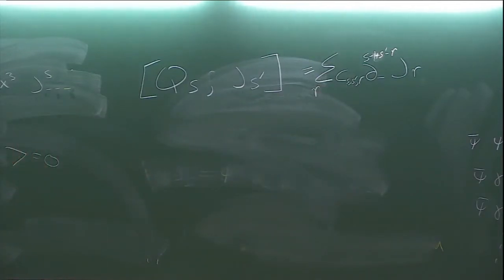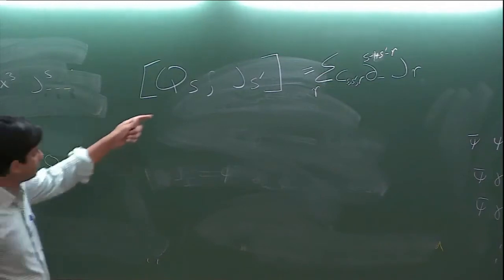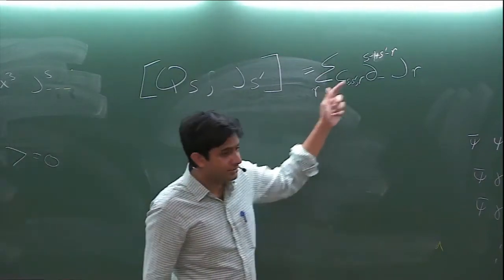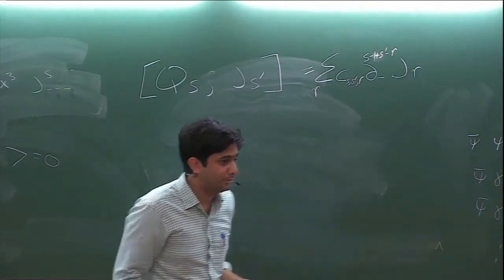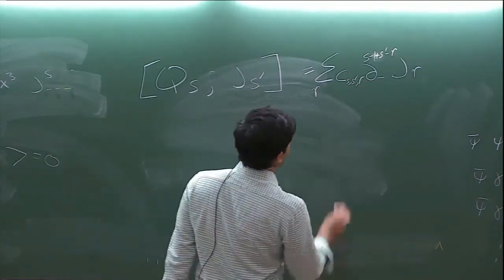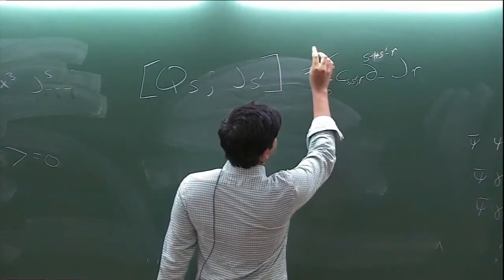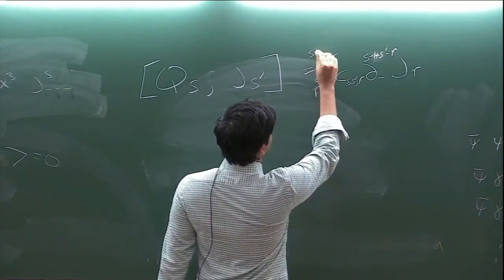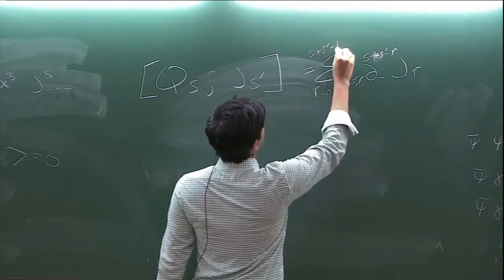So in general, QS acting on JS prime is a sum of terms of this type. The upper limit of this sum is, of course, S plus S prime minus 1.